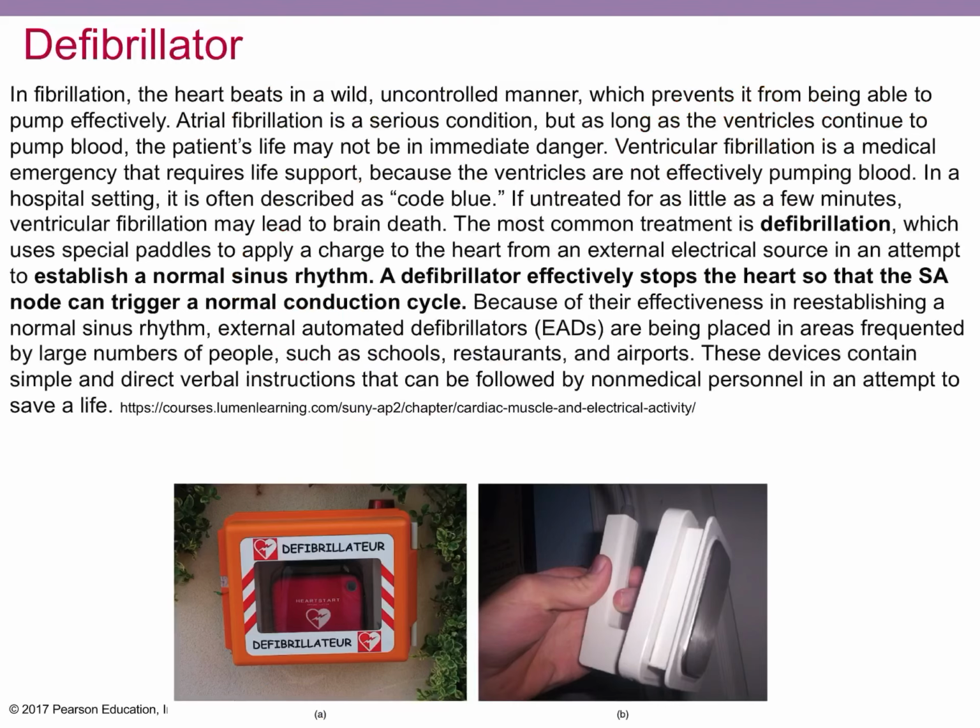And just a note on defibrillators, right? So this is why we have a device called a defibrillator, because fibrillation is the term used for an uncoordinated heartbeat. So if you have, again, atrial fibrillation, it exists, it's serious, but it's not going to be an immediate danger to your life because the atria, while uncoordinated, are not responsible for pumping blood to your body.